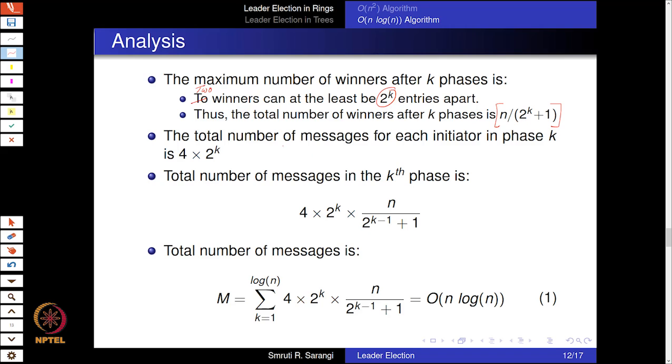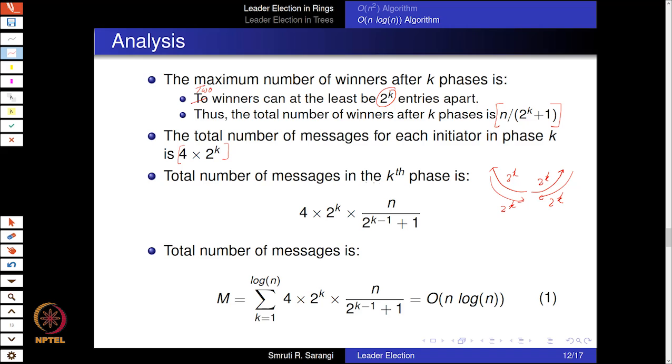The total number of messages for each initiator in phase k is 4 times 2 raised to power k, which is simple. 2 raised to power k probe messages this side, 2 raised to power k messages on the other side, and similarly we'll again have replies, 2 raised to power k this side, 2 raised to power k that side.